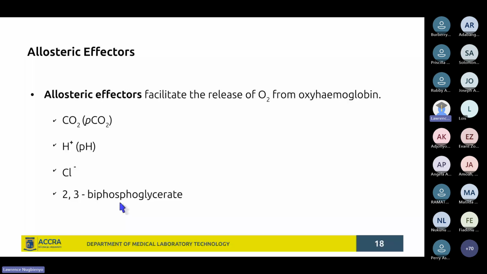So a lesser amount of oxygen will cause the body, getting adapted to that condition, to be producing more of these 2,3-biphosphoglycerates in the blood, so that there will be more of the relaxed form of hemoglobin.